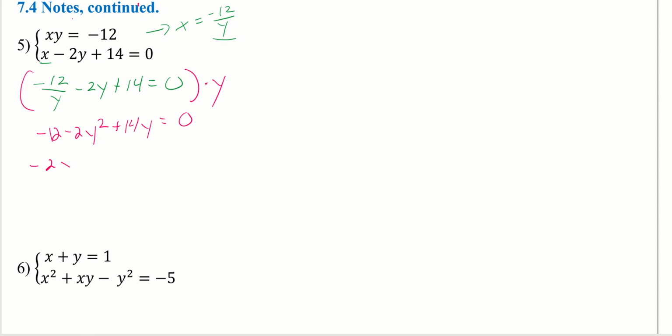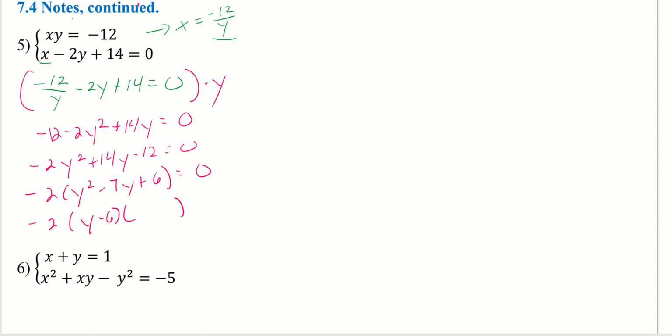And then I want to reorder it and factor and solve, right? Ooh, sweet. GCF, negative 2, y squared minus 7y plus 6. Get that factored down. So something like a y minus 6 and a y minus 1. Cool. So my two solutions here, if y is equal to 6 and if y is equal to 1, what would my solutions be?